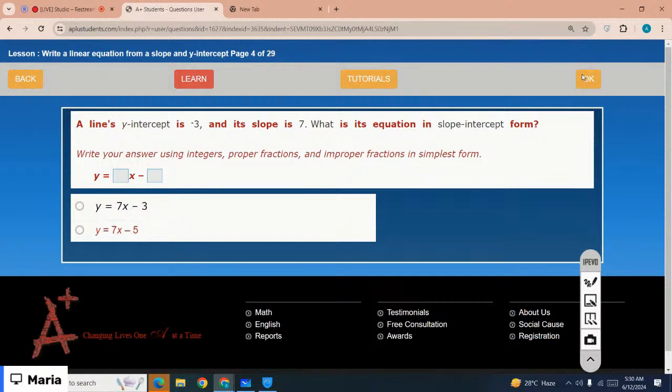A line's y-intercept is negative 3 and its slope is 7. What is its equation in slope-intercept form?